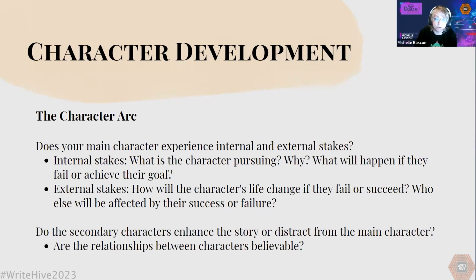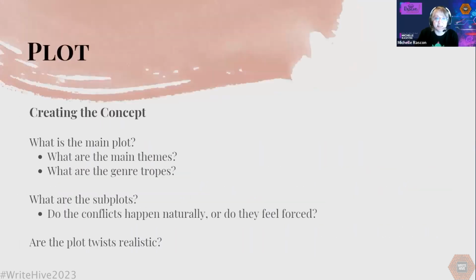Is it believable that they would be doing these things together when you compare it to the type of jobs that they have or the values that they have, and then ultimately their goals and motivation? Does it make sense for their goals and motivation that these two characters would be in this scene together? So that's character development. The next one is plot.